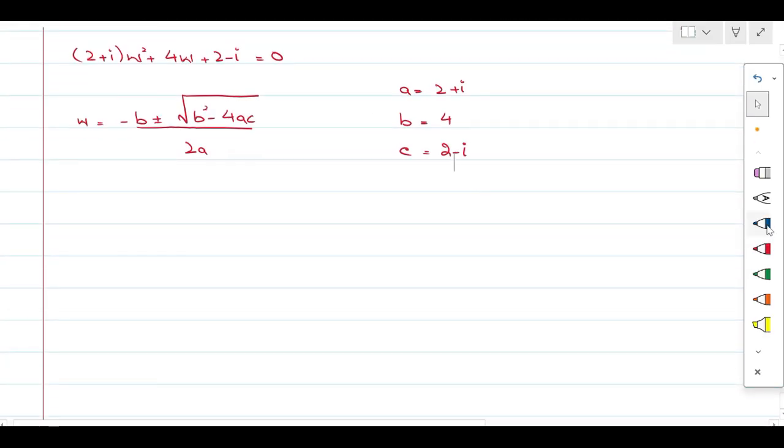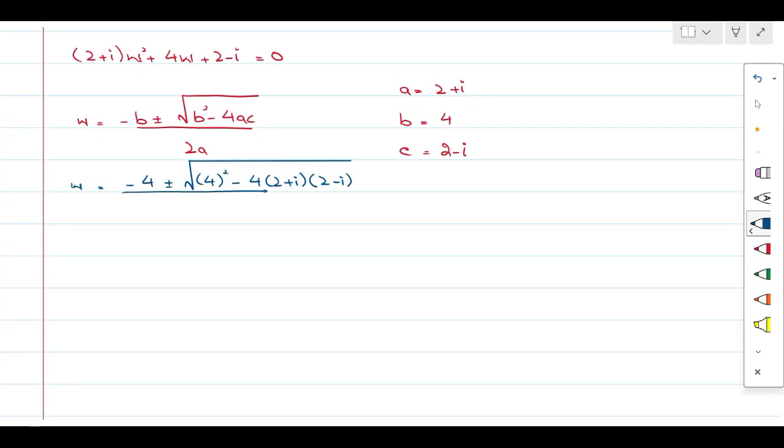Okay, now let me substitute everything into the quadratic formula. So w is equal to negative b, which is 4, plus minus square root of b square, that is 4 square, minus 4 times a, which is 2 plus iota, and c value is 2 minus iota, square root and everything divided by 2 times the a value, 2 plus i.